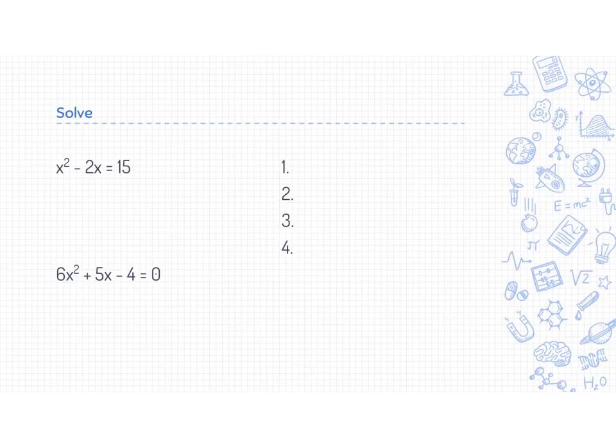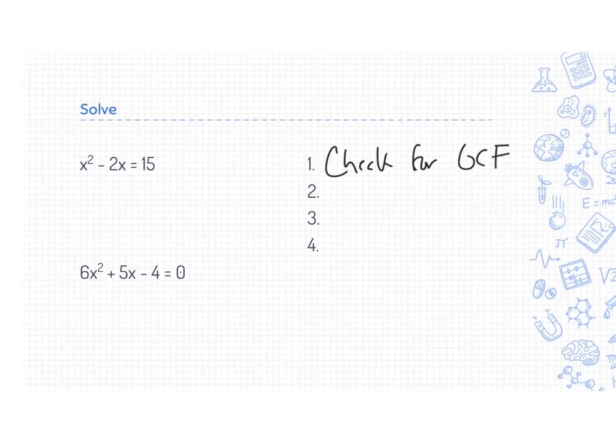Alright, so as a quick recap, we come back, steps, we want to check for GCF. So as we look at the first one there, no GCF on that one, at least that we can see.